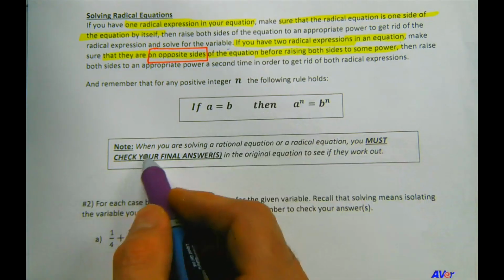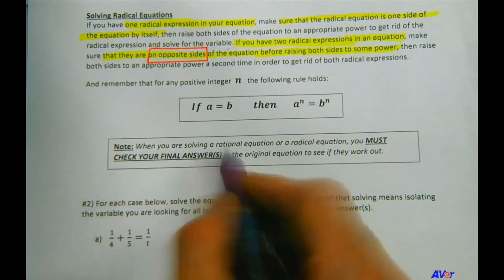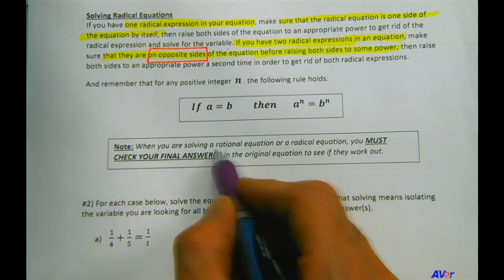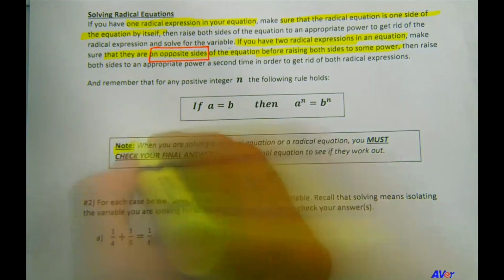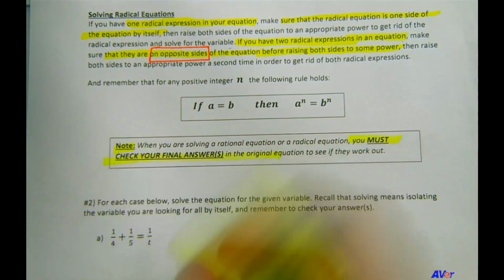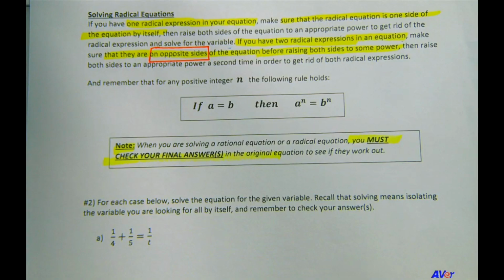Then this is also important. When we are solving a rational equation or a radical equation, this is a very important note. You must check your answers in the original equation to see if they work out.